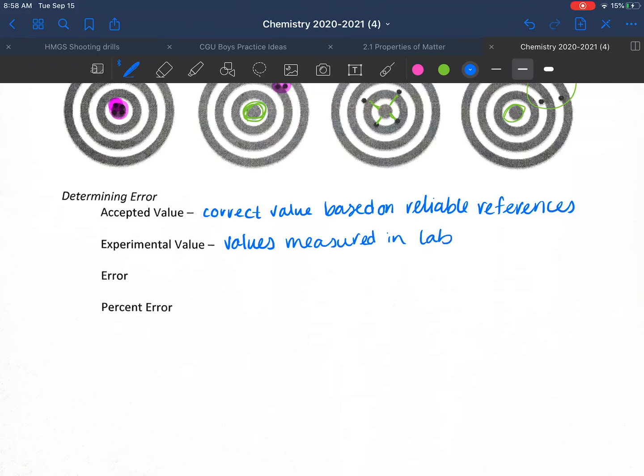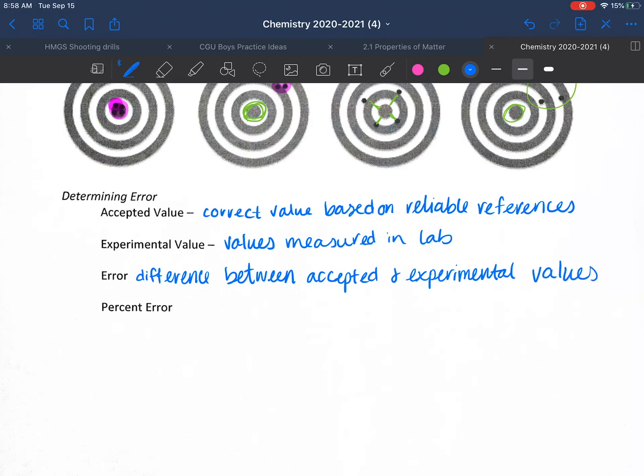Our error is the difference between accepted and experimental values. So the error is the difference between these two values.